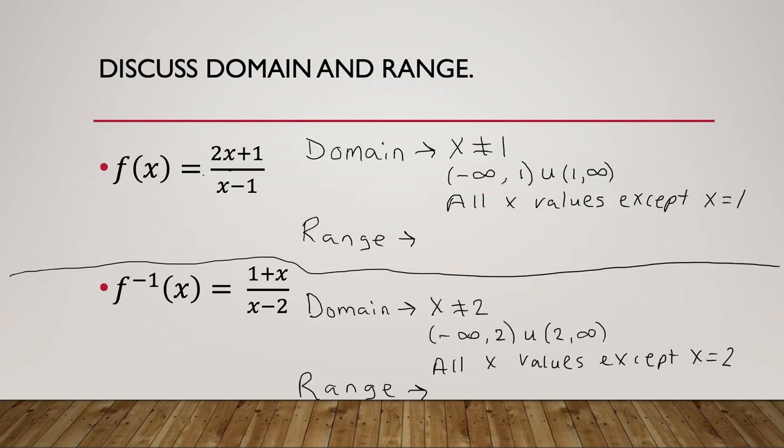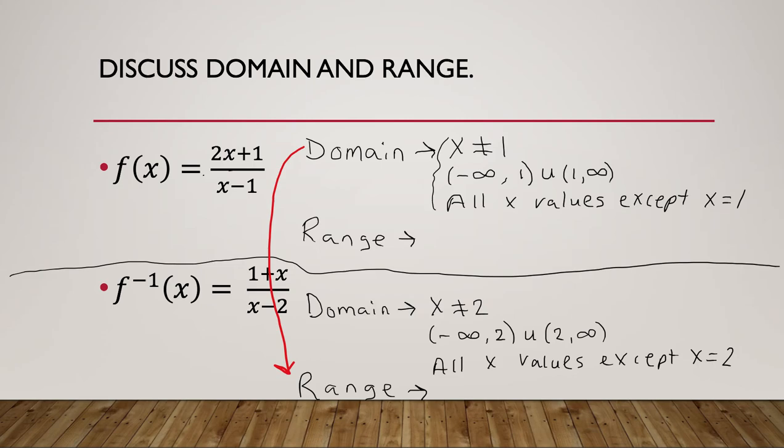So what I'm saying is that the domain on the original function will switch and become the range on the inverse function. Remember, x's and y's switch. So what that enables me to do is to write the range by simply copying what I wrote up here for the domain.